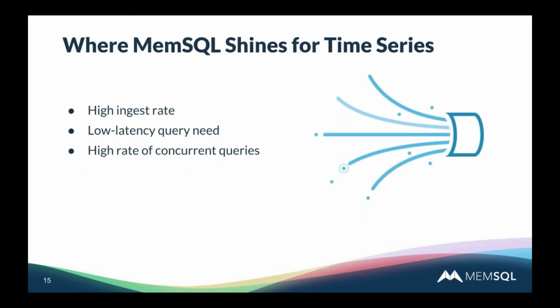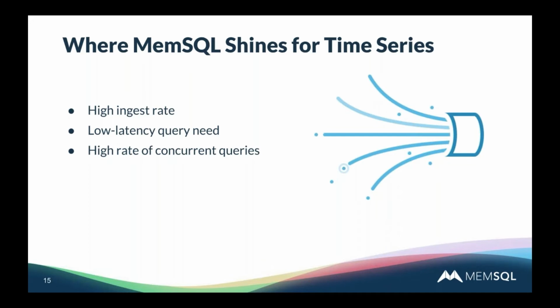I've alluded to this already, but the place that MemSQL really shines and does a fantastic job for time series is in those time series use cases where there are these requirements. Number 1, there's a requirement for a high ingest rate. That is, you've got a lot of events per second coming in, or you need to load data extremely fast, say periodically.